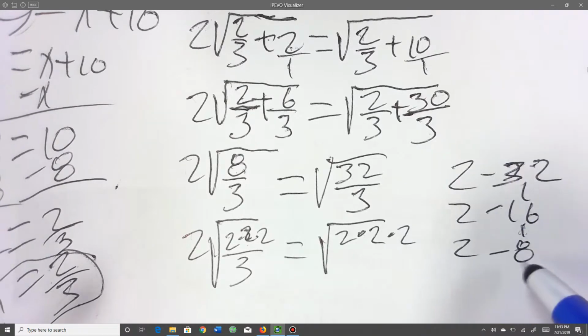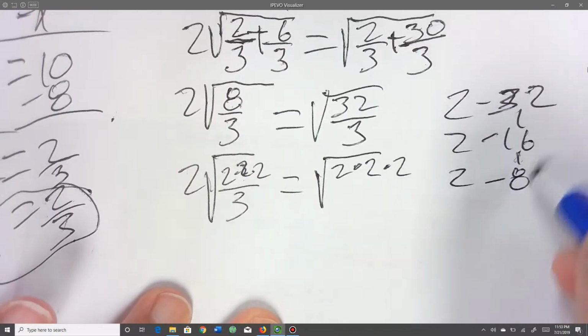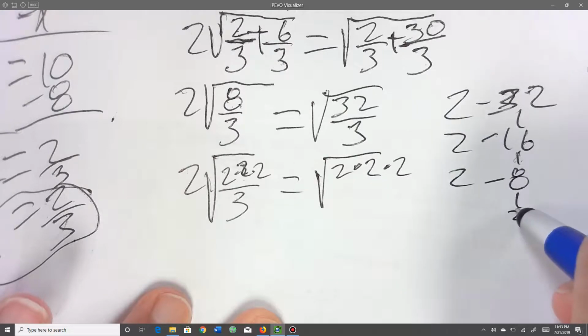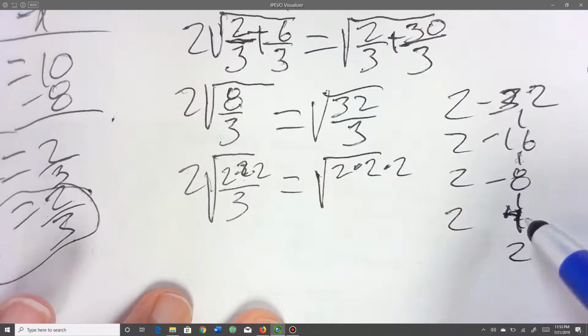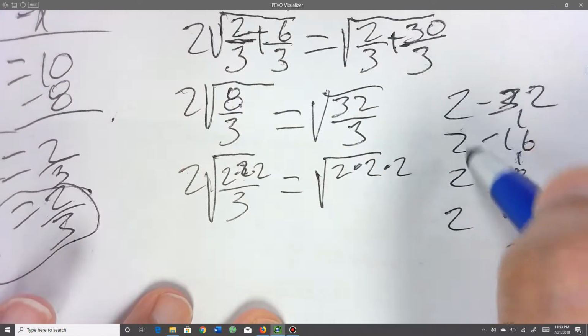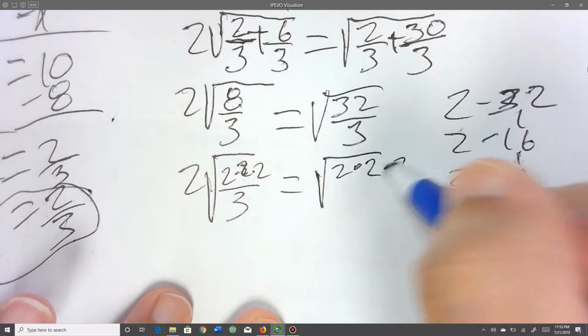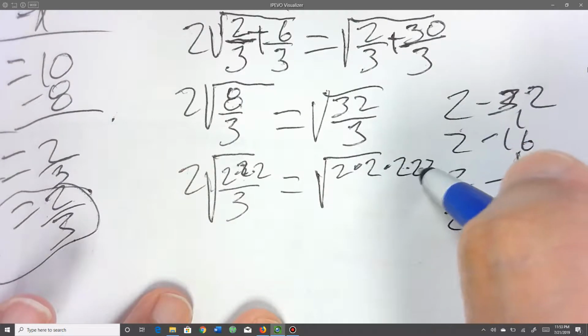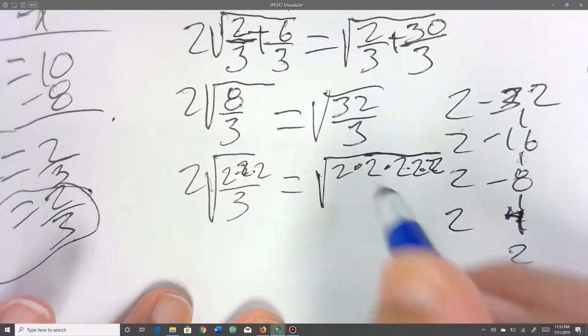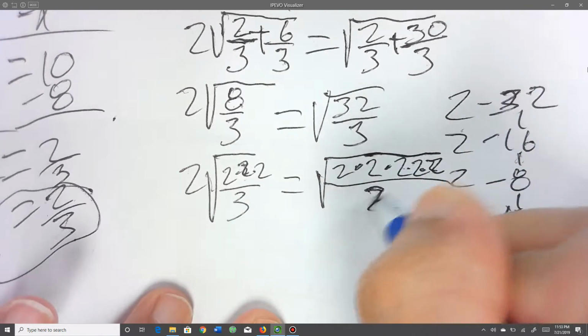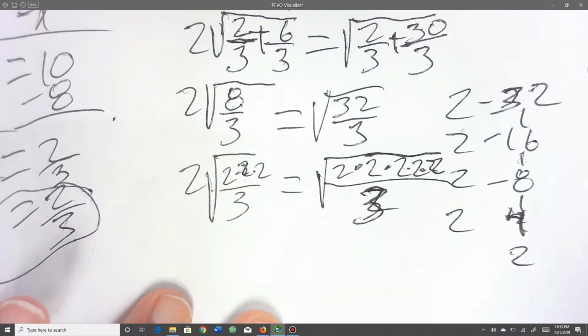I just don't want to make a mistake. And again, you can use a calculator. That's fine. I'm doing this by hand. So that's 2. That's 2. Okay, so I was close. It was 1, 2, 3, 4, 5. Yep, so I lost track right about there. Oh, that's 3. All right.